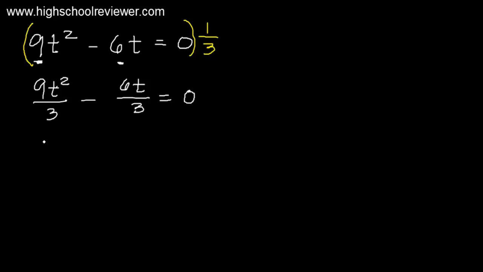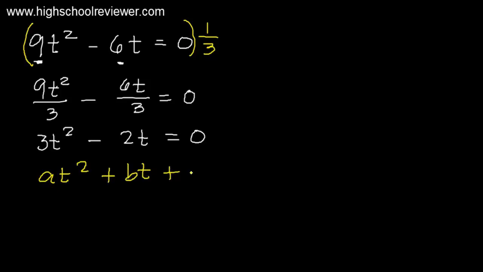So 9 divided by 3 is equal to 3t squared minus 6 divided by 3, that is 2t, equals 0. So we can now get the values of a, b, and c. This is of the form at squared plus bt plus c equals 0.